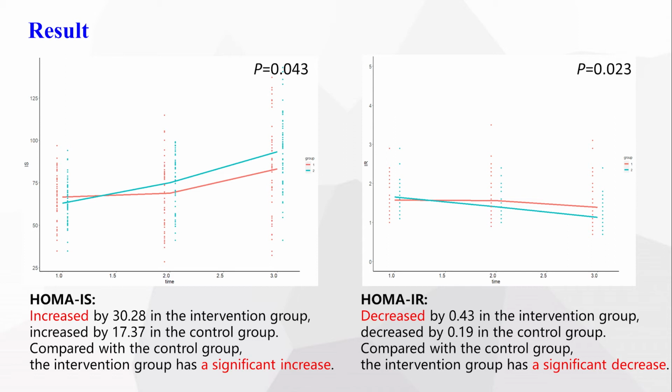On the other hand, HOMA-IR was reduced significantly by 0.43 in the intervention group and 0.19 in the control group. Compared to the control group, the reduction was statistically significant in the interventional group.